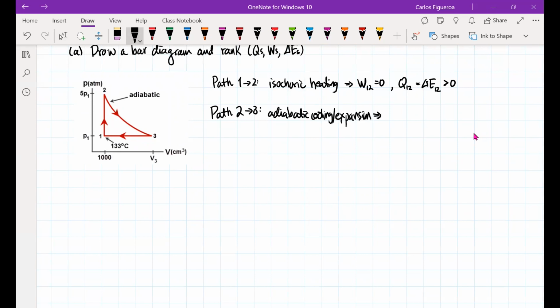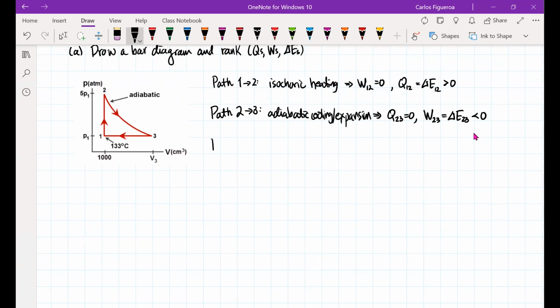The fact that we say the word expansion means that the work must be negative. The kinetic energy of the gases decreases as they collide with the piston head. The definition of adiabatic is that there's no heat transfer, so the work from 2 to 3 must be the same as the internal energy change for 2 to 3, and that's got to be negative.